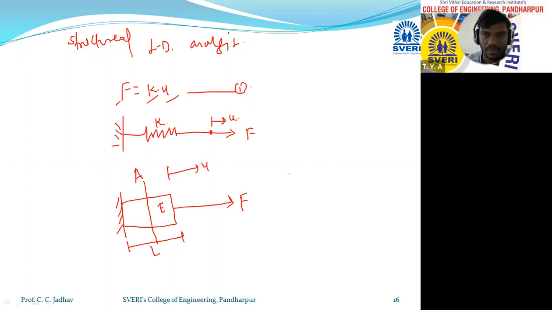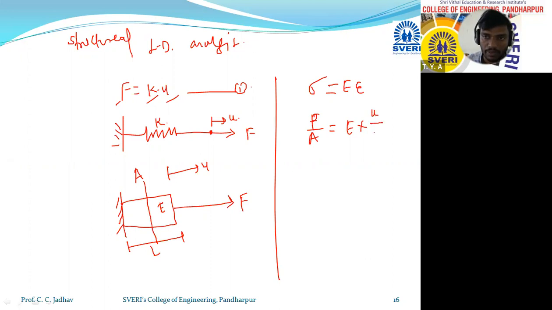From this I will write the equation. You know Hooke's law, stress is equal to a constant into strain. Stress is nothing but force upon area, equal to E into strain, and strain is displacement divided by original length.